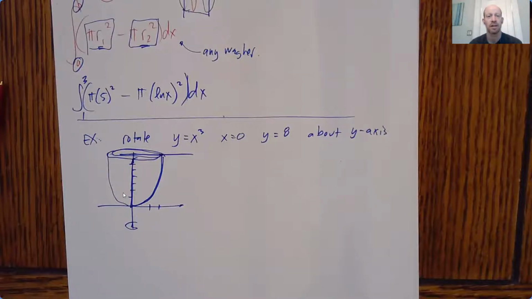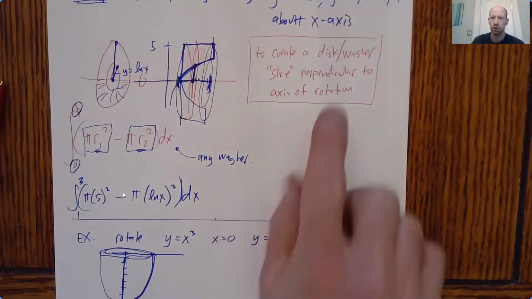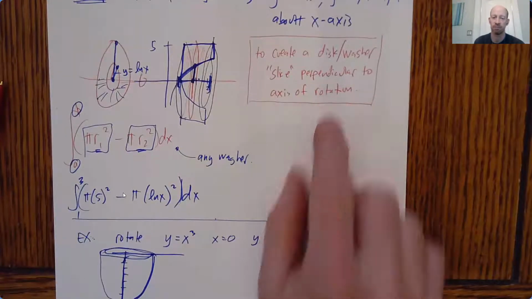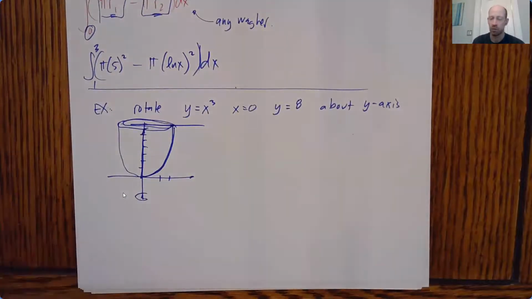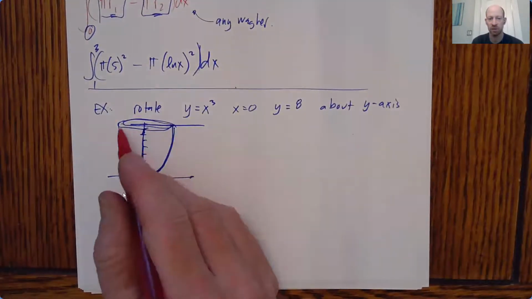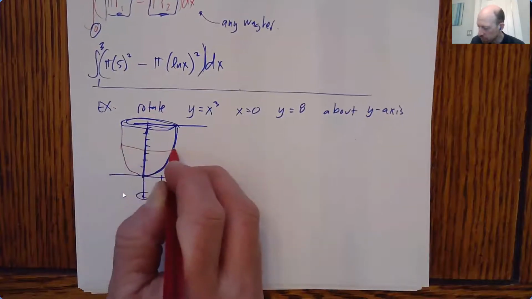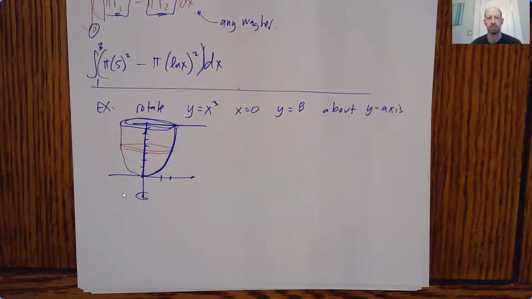Now, remember, if we want a disc or a washer, we have to slice perpendicular to the axis of rotation. Since it was rotated this way, in order to get my disc, I've got to slice it horizontally.